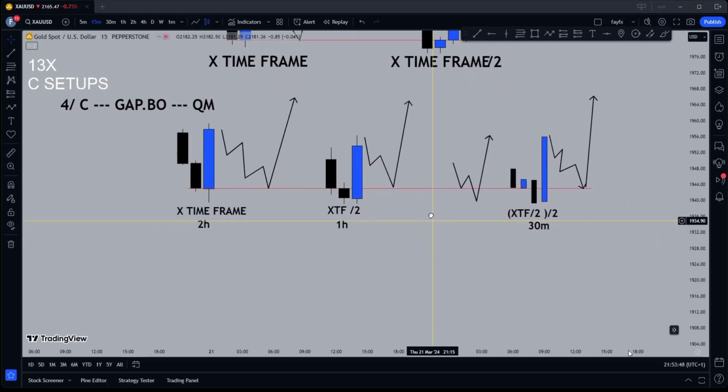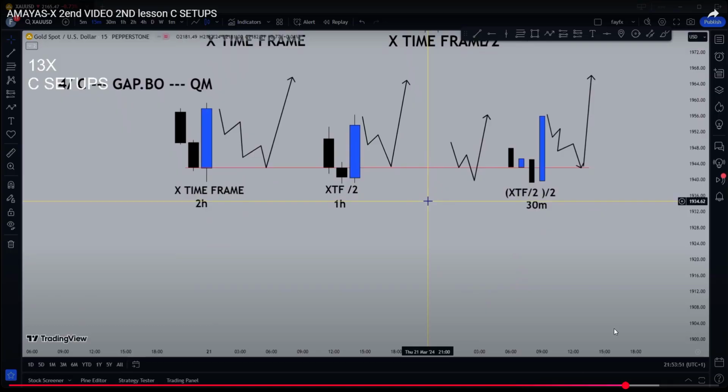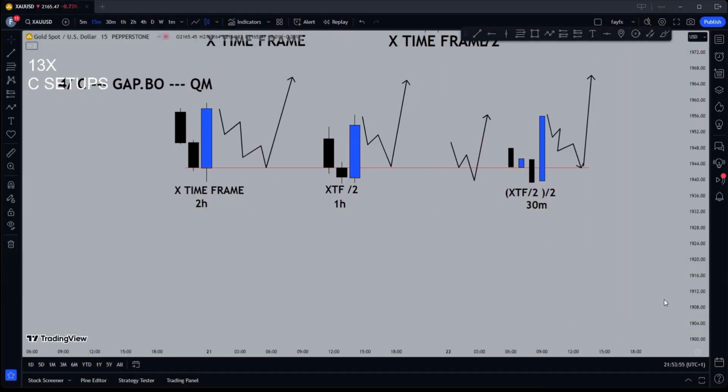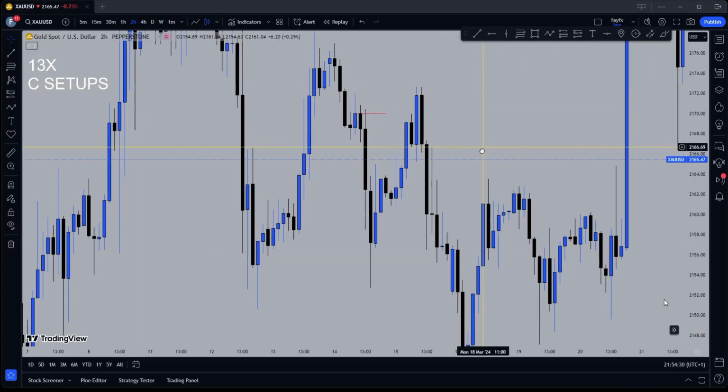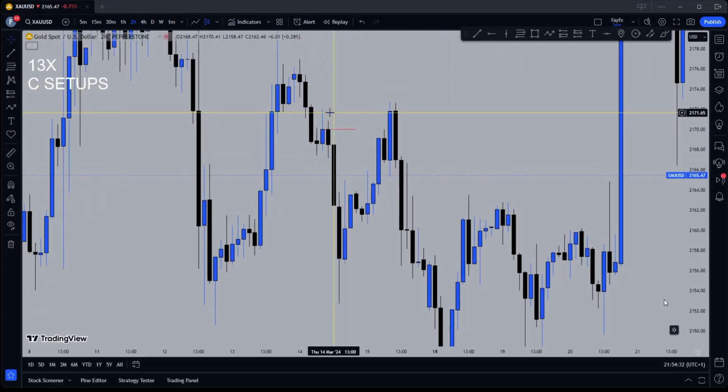So now let's jump to the chart and see some examples. So look here, what we do now. Here we have 2 hours time frame. We have a classic here. Before price came up and went down, we did have a classic A level.